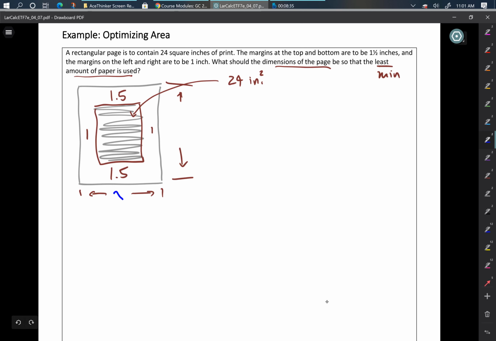So I'm just going to call this x and this y and see what happens. Right. So the function that I want to minimize is the area of the page. Area of the page is going to be x times y, or more correctly, area as a function of two independent variables is xy.